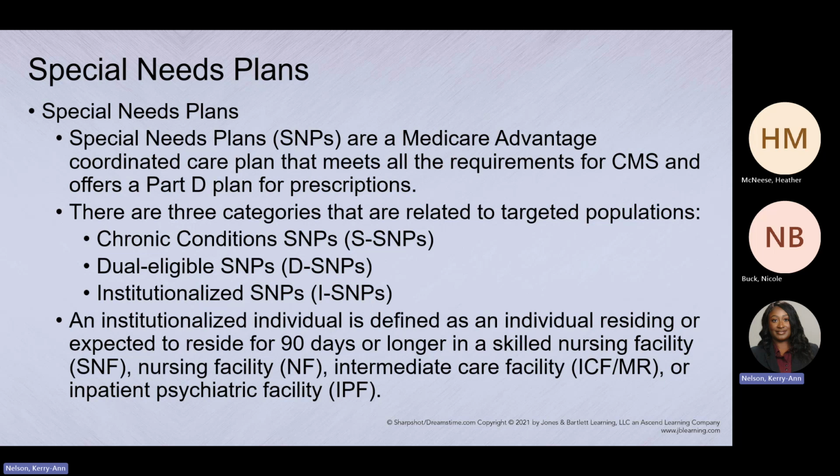There's chronic conditions, dual eligible, and institutionalized. An institutionalized individual is defined as an individual residing or expected to reside for 90 days or longer within a skilled nursing facility, a nursing facility, or intermediate care facility, or inpatient psychiatric facility.